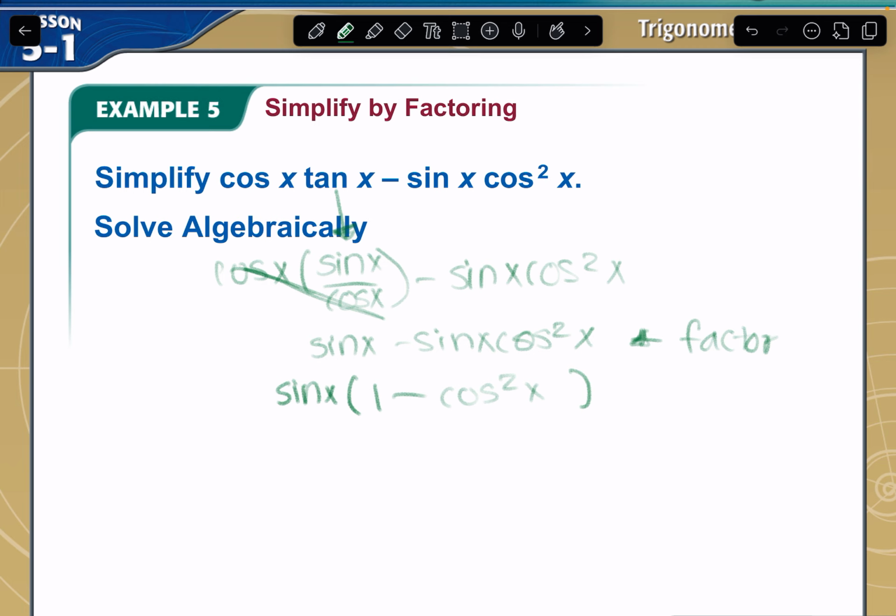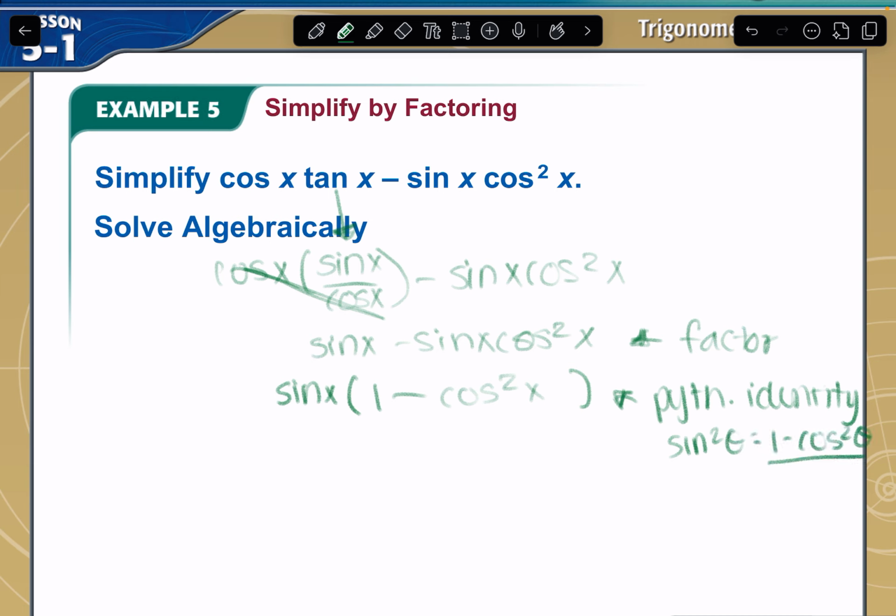From here, if I have something that has a square in it, that should clue you in that you are going to look at your Pythagorean theorem identities. It's the one we used in example 4 yesterday, the one that says sine squared plus cosine squared equals 1. It's not really written in that format, but one of the things that we rewrote was that sine squared is equal to 1 minus cosine squared.